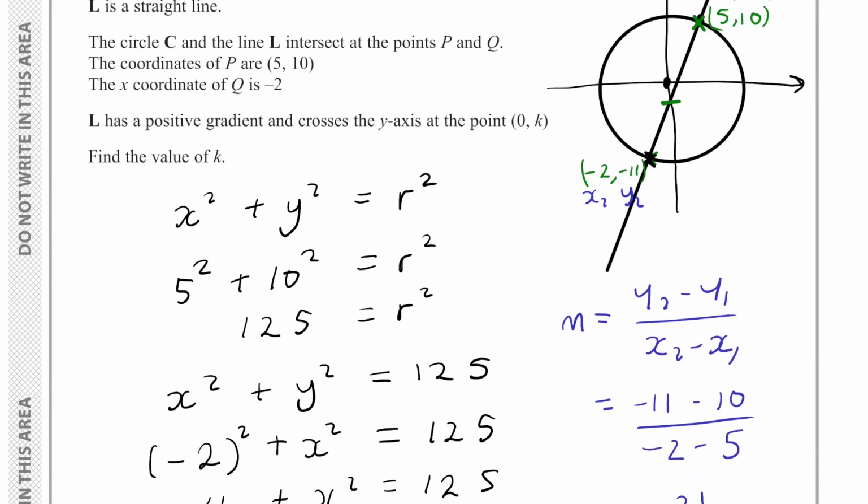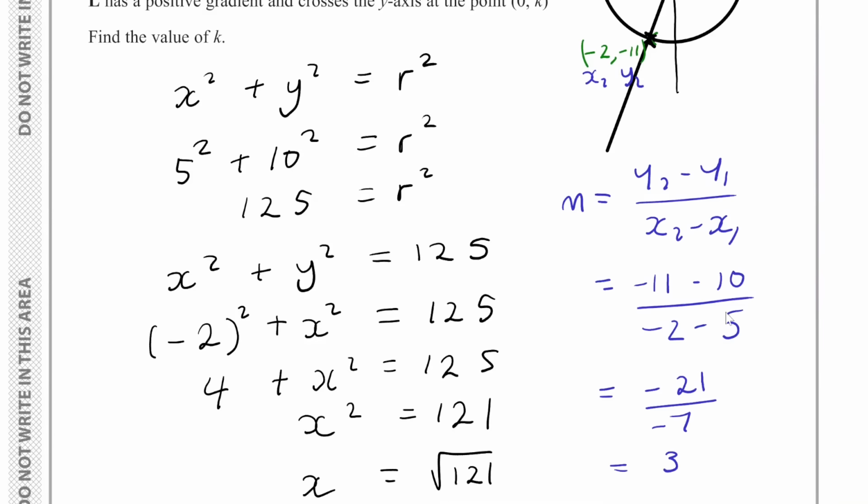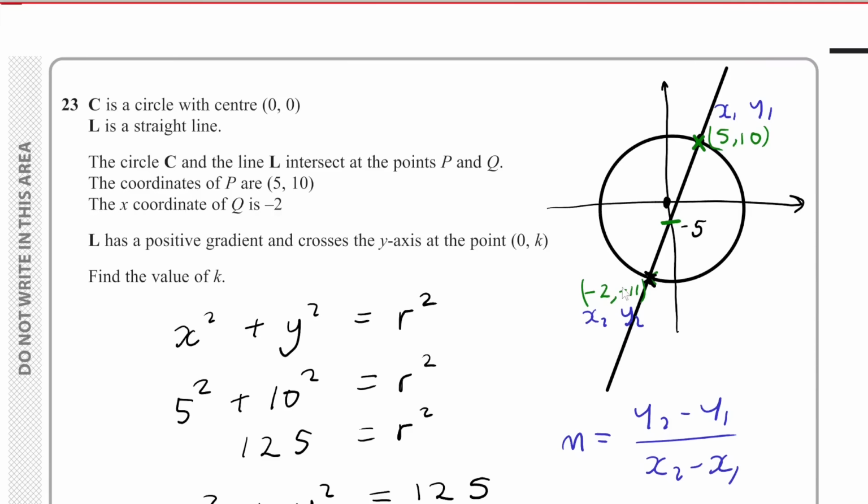It crosses at negative 5. It's got a gradient of 3. So along 1 up 3, so negative 1, negative 8. Along 1 up 3, 0, 5. Along 1 up 3, 1, negative 2. 2, 1. 3, 4. 4, 7. 5, 10.